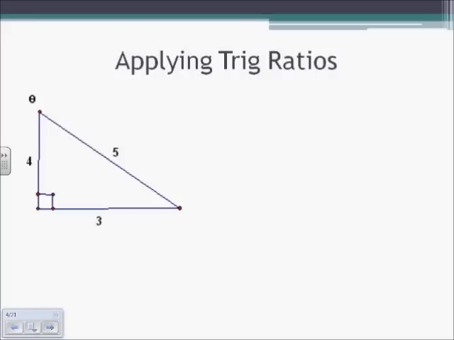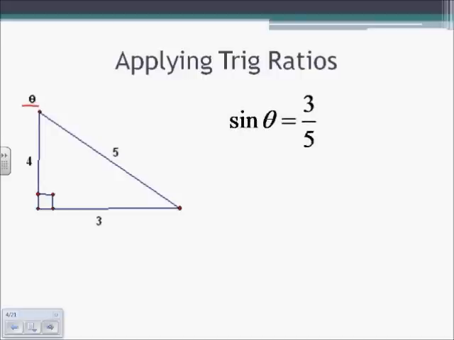Alright, applying trig ratios. So we know what the trig ratios are. In the top left corner here, we have this angle, and the angle is actually a symbol, and the symbol is theta. So we have theta written, and from theta I would like to have us write the sine, cosine, and tangent of theta. Starting with the sine.